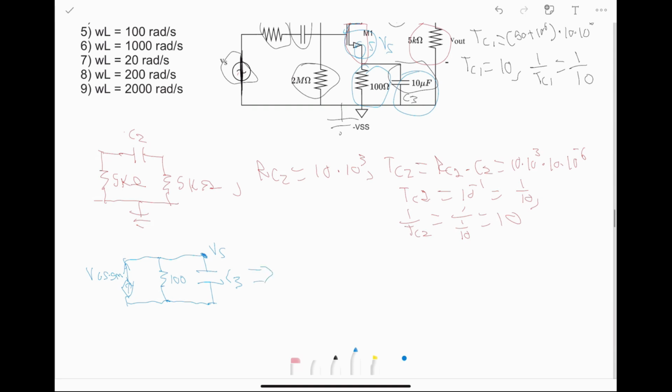So what we do is we take this circuit and then we turn this capacitor into a voltage source. So we'll redraw it like this. We'll say we have some voltage source, which is 1 volt, and that's C3. On one side of the voltage source, we have this 100 ohm resistor. And then on the other side of the voltage source, we have our dependent current source.